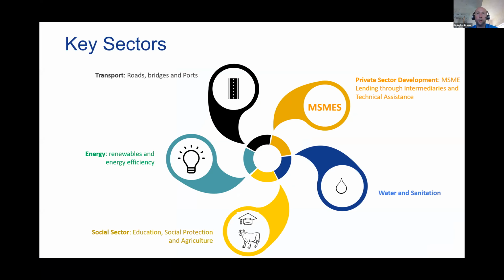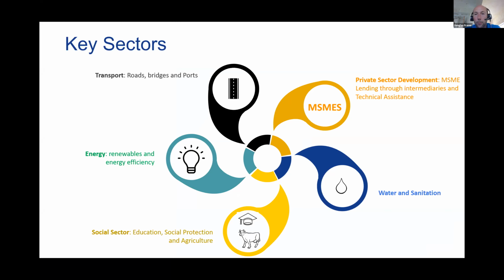So which areas do we focus on in terms of sectors? You're going to hear a lot more about this in a few minutes from some of my colleagues. Key sectors for us include transportation, and that covers areas such as roads, bridges, ports. There is a certain amount of work we've done in the air travel sector as well. And William is going to speak to us about that shortly.